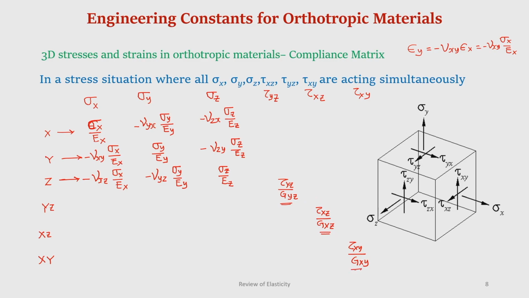Now, we have considered each of these stresses individually. If they are applied simultaneously, we can use the method of superposition, and therefore we can add these. This will give us the total strain. These are 0.